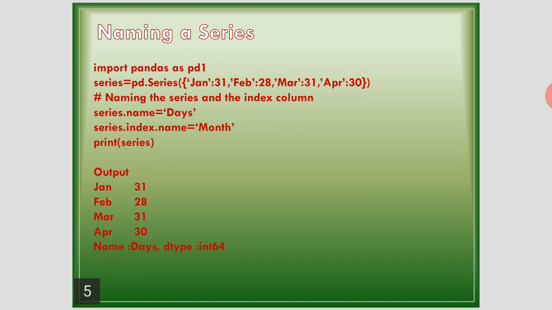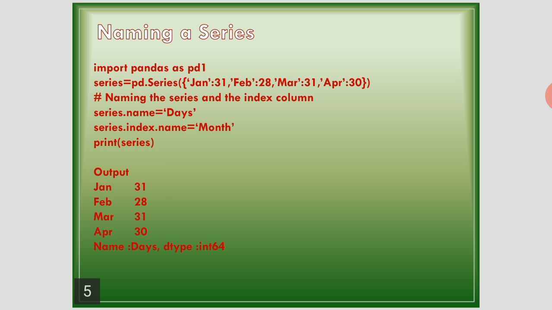We can also name a series, means we can give the name of the series and the index column using the name property. You can see in this example we are importing pandas as pd1 and defining the series, and in series we have pd.Series and the input is the same as in the previous example: January 31, February 28, March 31 and April 30 pairs.